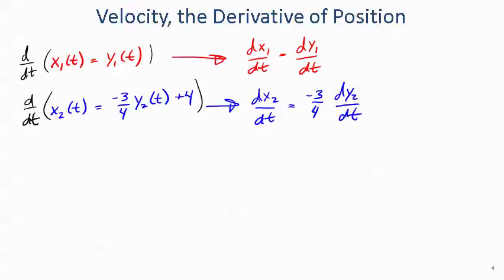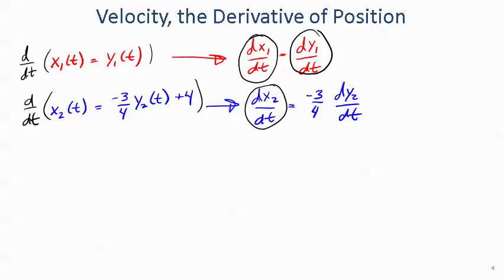And those derivatives tell us the rate of change of position with time. So this tells us the rate of change of x1 with respect to time. So that's the velocity in the north direction on our path. And this one tells us the rate of change of y1 over time, which gives us the velocity in the east direction. And likewise for our friend on his path.